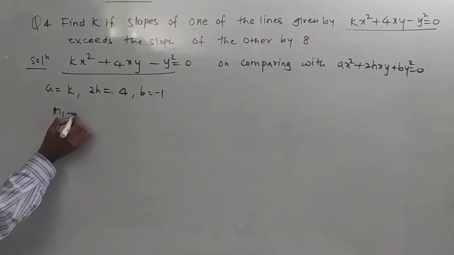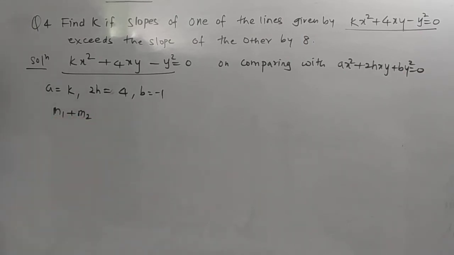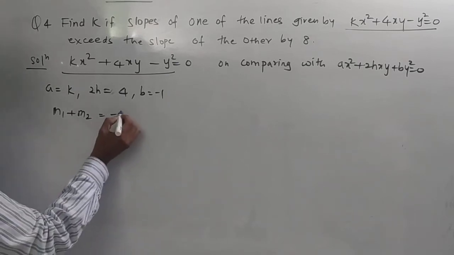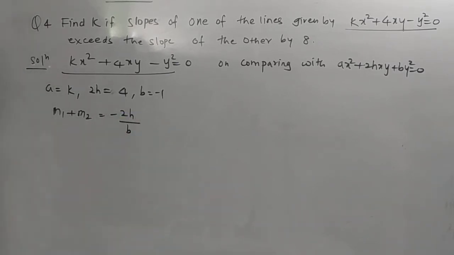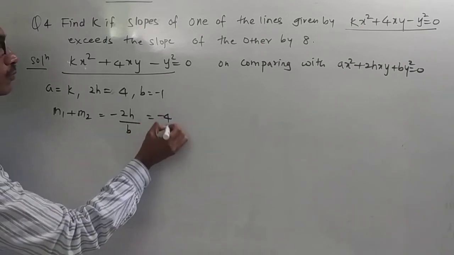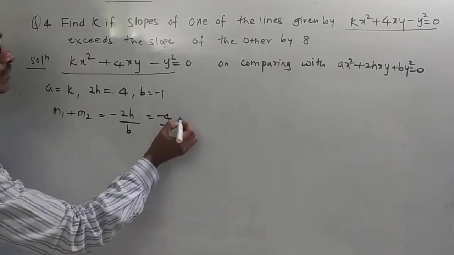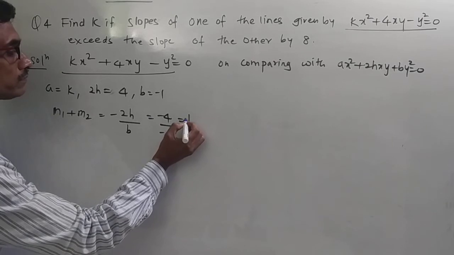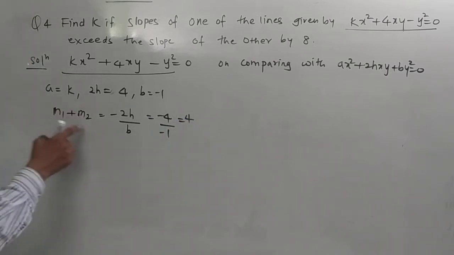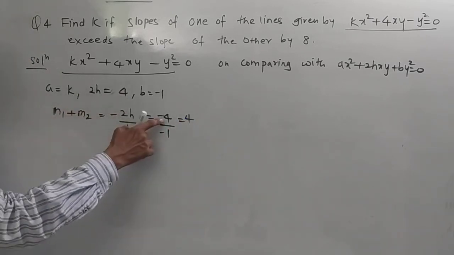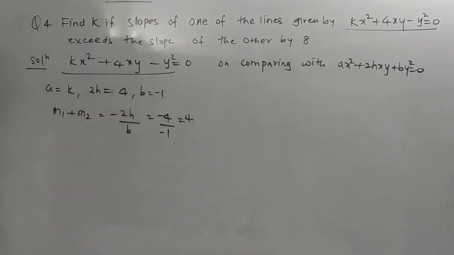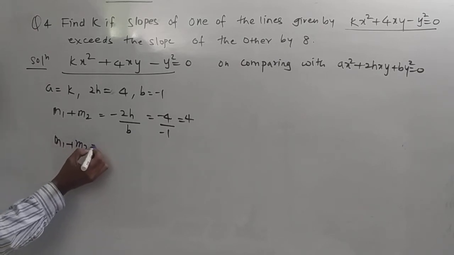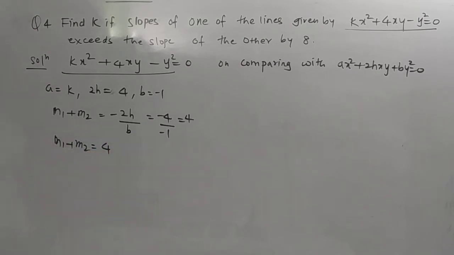m1 plus m2, that is the sum of the slopes, is given by the formula minus 2h upon b, and that is equal to minus 4 upon minus 1, which is 4. So m1 plus m2 will be 4.